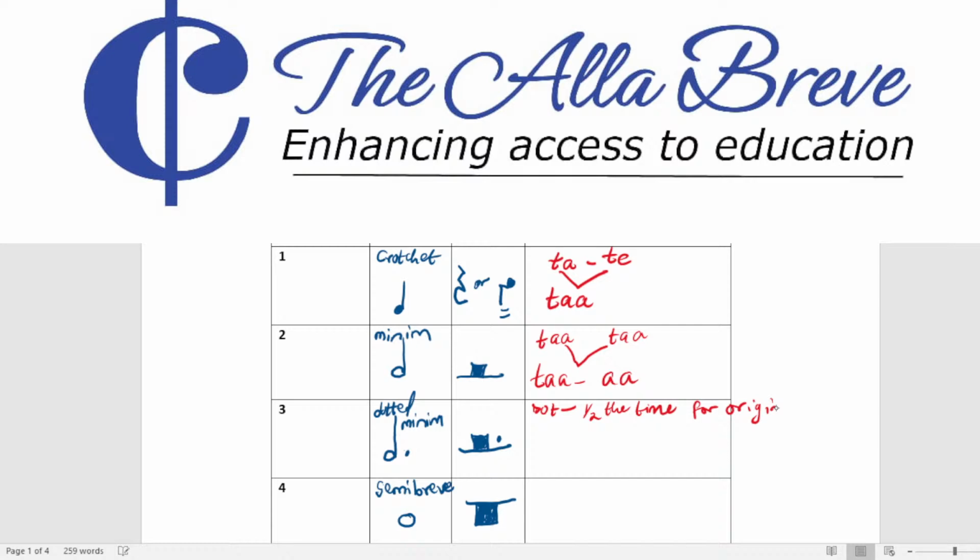So if this is a minim, the dot takes half the time of a minim, and half of 2 is 1. So the dot represents a crotchet.